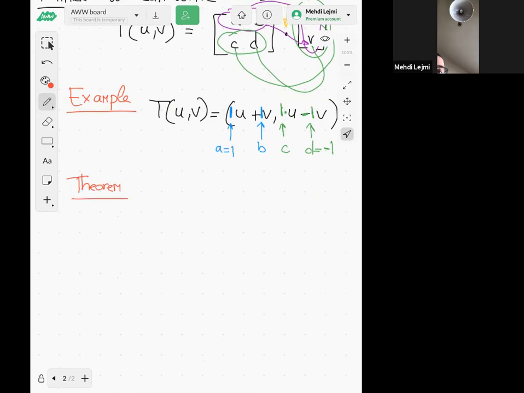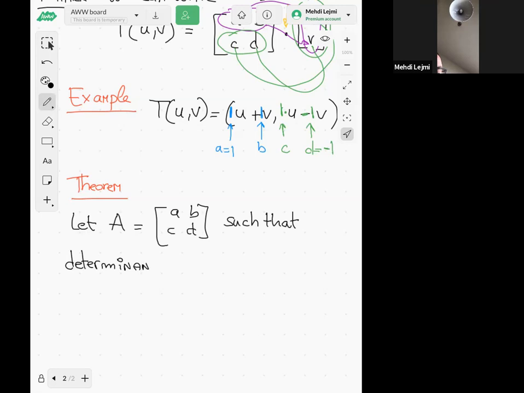Let's say you have the matrix A, with rows A B and C D, such that the determinant of A is non-zero.